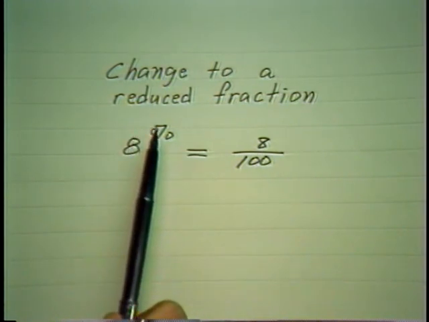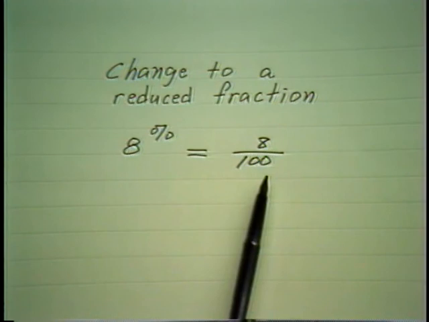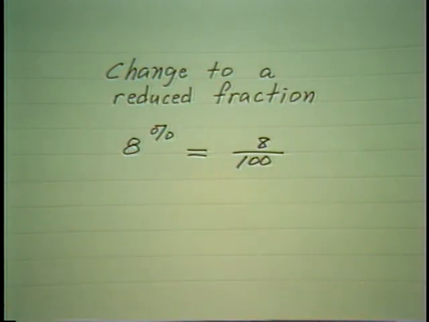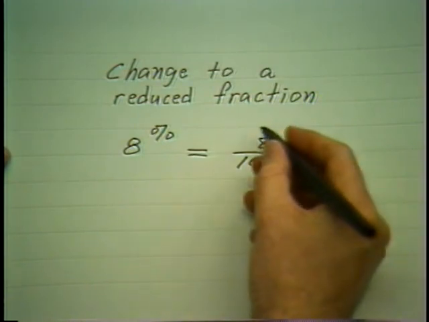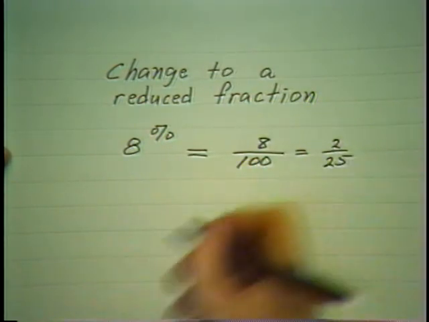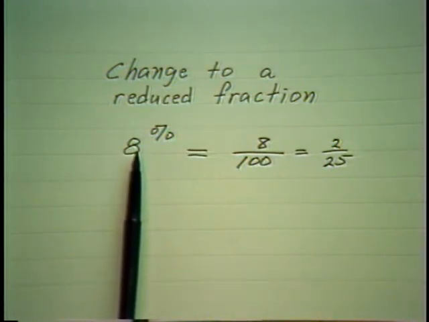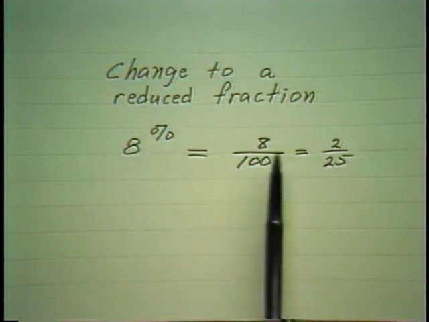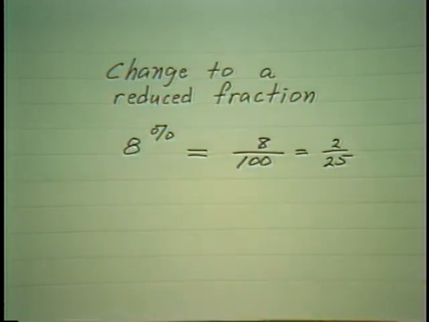And just by saying it and writing it mathematically, it is changed to a fraction right then and there. Then it's just a matter of reducing, in this case dividing top and bottom by 4. For most percents, it's just that simple. Remember that percent means per 100. Write it and you have your fraction.